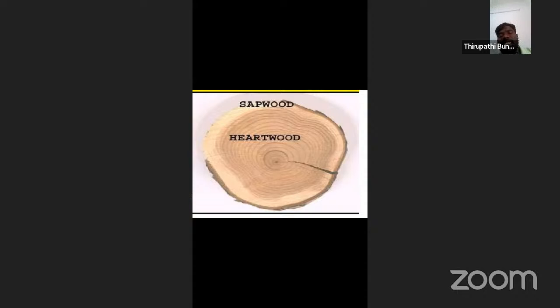This is the olden stem, which shows different regions, hardwood region and sapwood region. Both regions show different annual rings. See here, 1, 2, 3, 4 annual rings. One ring is equal to 1 year. Rings show the age of the plants.